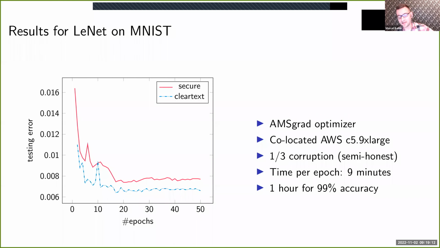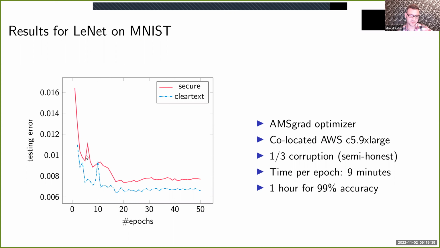But that allows us to run this in minutes to some hours: about 1 hour for 99% accuracy, a couple of hours for a bit more. You can see my mouse, the 99% accuracy here is the testing error 0.01.